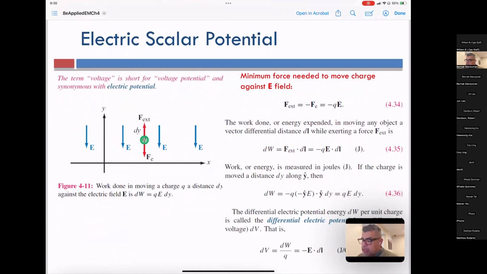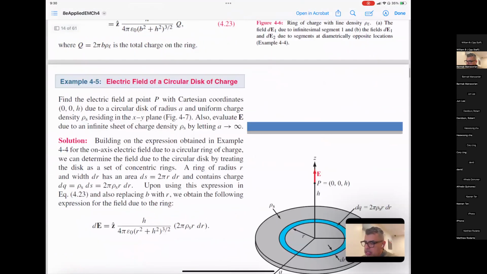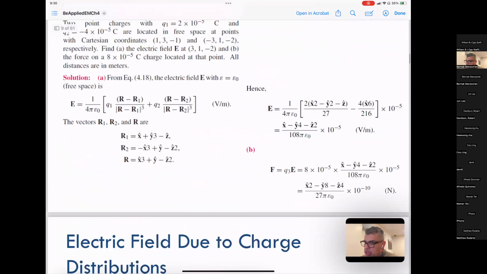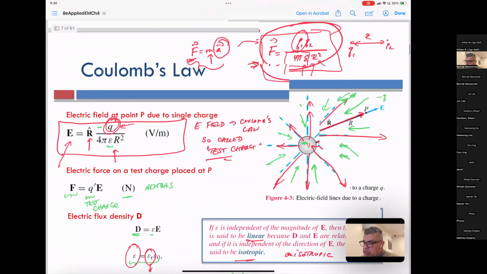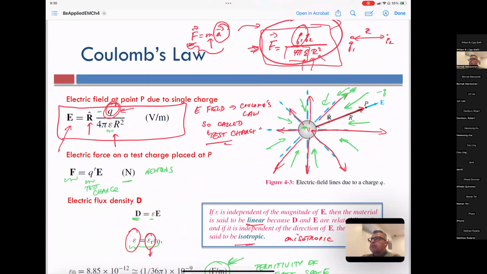Okay, now here's another interesting thing. When we were looking at Coulomb's law up here, what I was trying to imply is that the real thing is acceleration, velocity of something.